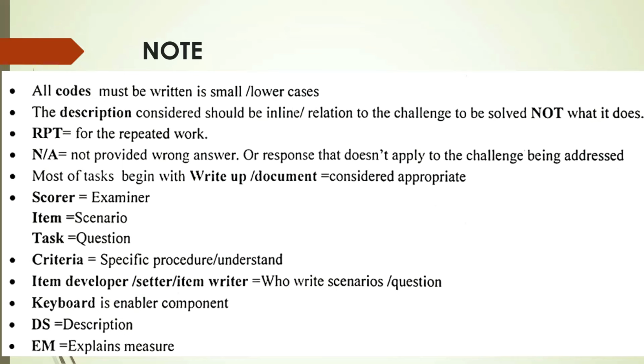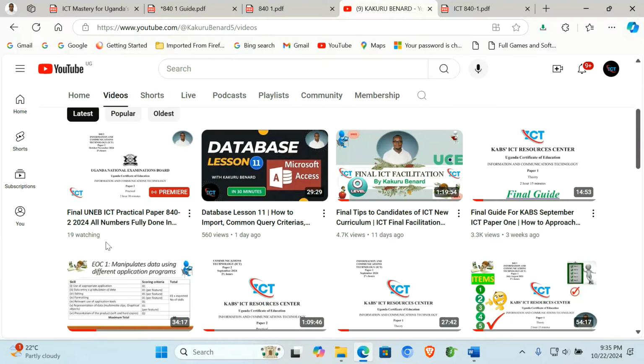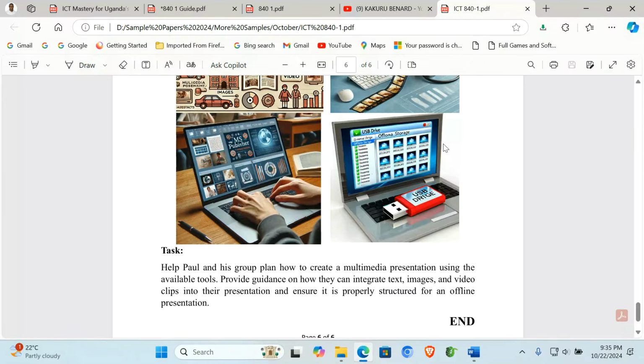No, we expect you to give responses in line with what we call the scenario. These codes are basically for those who will be scoring your responses. They are for examiners, for those scorers, and they are going to emphasize more on this while they are marking.